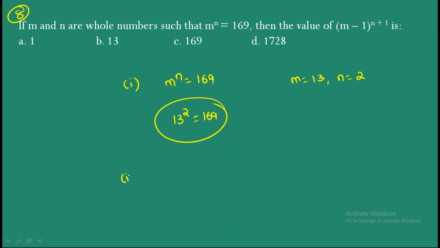The second thing is you have to find m minus 1 whole power n plus 1, which is 12 power 3, 1728. Option D. 12 cube, my dear friends, we have to get 1728. For it, you know m value, you know n value, you just try to find m minus 1 to the power n plus 1. Excellent.